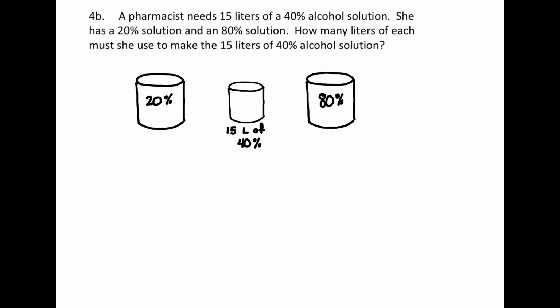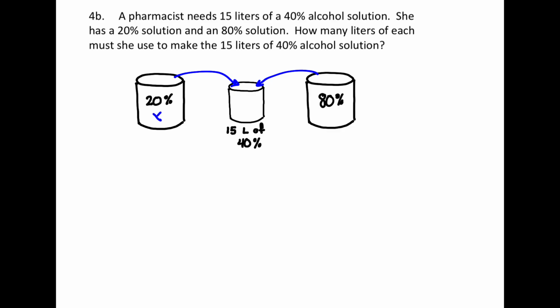And we're going to pour some of each of these into another container with the right proportions so that we end up with 15 liters of 40%. Okay, so the 40% is between the two, right? So I'm going to have some of each so that it can meet somewhere in the middle.